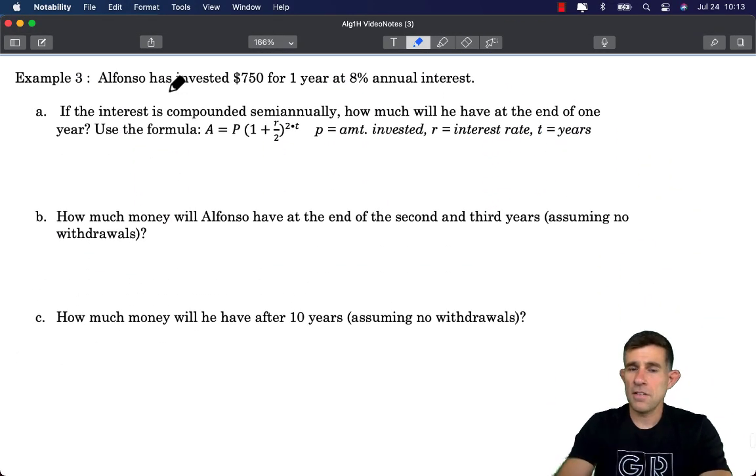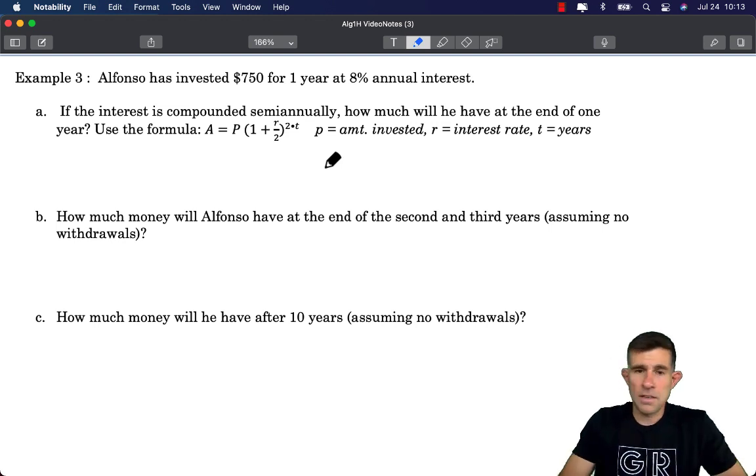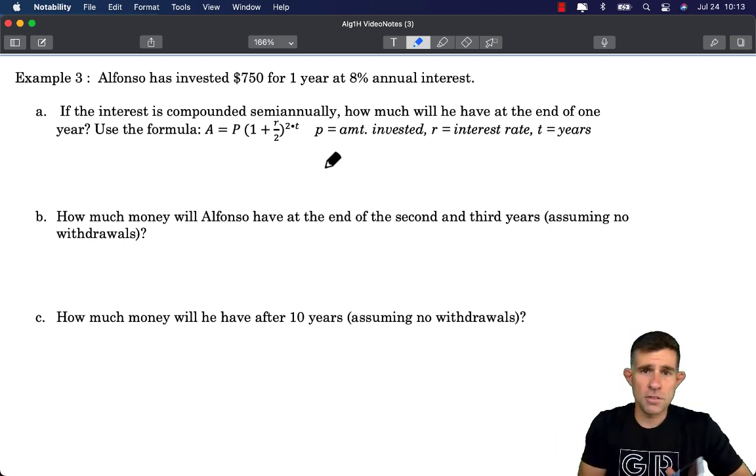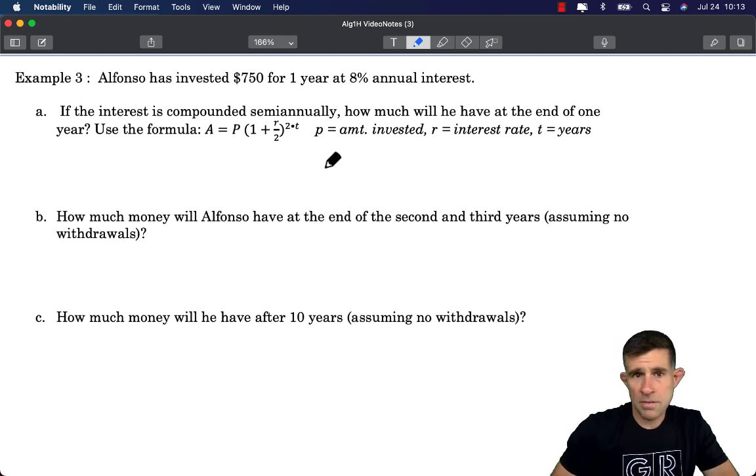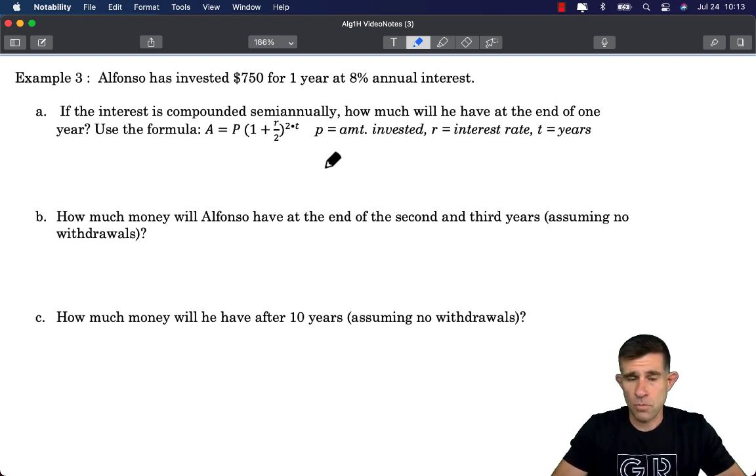All right, in our final example for today, we're going to take a look at using your graphing calculator to input a sequence. So here it says in our example, Alfonso has invested $750 for 1 year at 8% annual interest. If the interest is compounded semi-annually, that means twice a year, how much will he have at the end of 1 year?